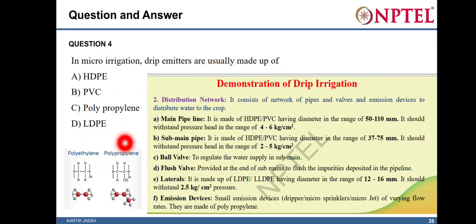Polypropylene and polyethylene, while other components like the main line consist of HDPE or PVC. So main and sub main consist of that, but have a different diameter and different pressure range. While ball valve, then we have flush valve and laterals that consist of LDPE or LLDPE, and emission devices like emitters consist of polypropylene or polyethylene. Correct answer is option C.